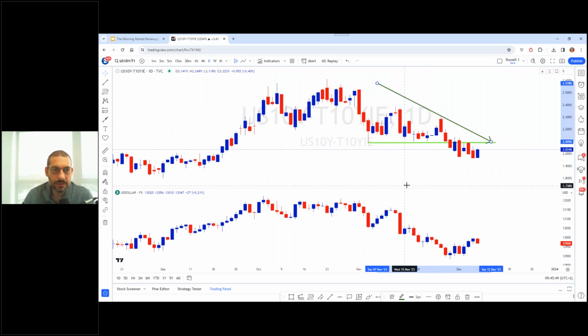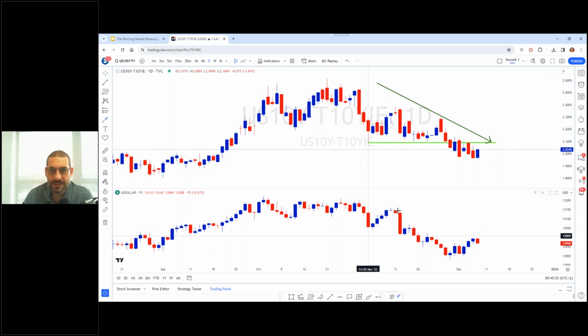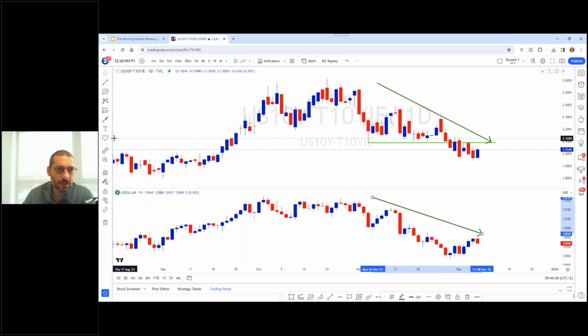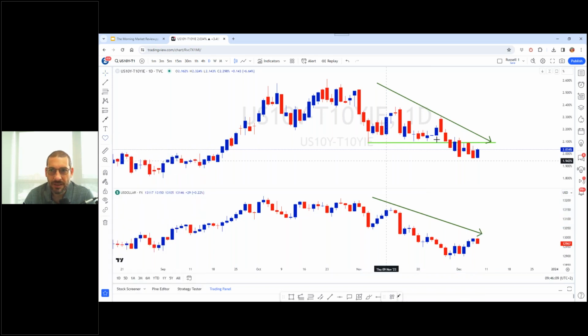All right, so you can see that as the real rates move down, the US dollar moves down. But again, we've got a divergence. Remember, perhaps a week ago, we spoke about the divergence at this point. So there was a divergence here. Let me make that blue.